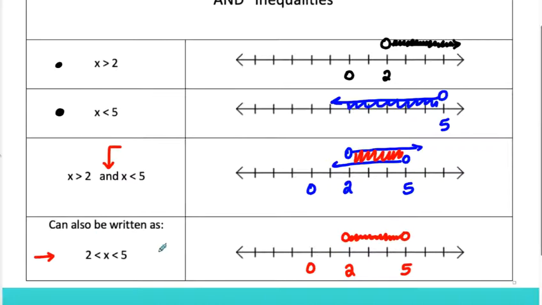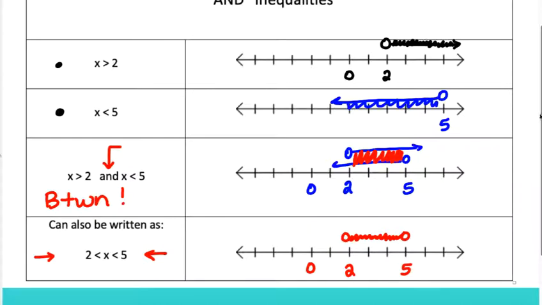So I like seeing it written like this, and I actually tend to write it like this because I just think it's a little bit easier. But we do need to make sure we understand that and is the overlapping areas of the two separate inequalities. So again, this one was greater than 2, this one was less than 5. So where they overlap is between 2 and 5. Think of it as between. Think of and as between.